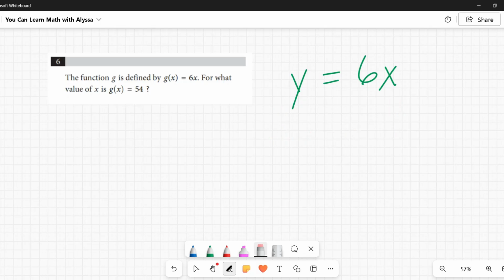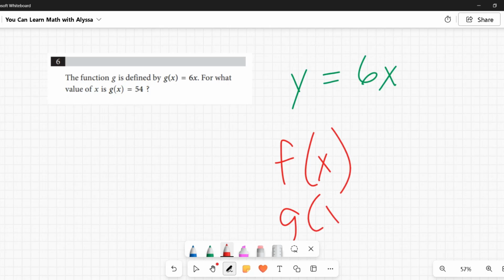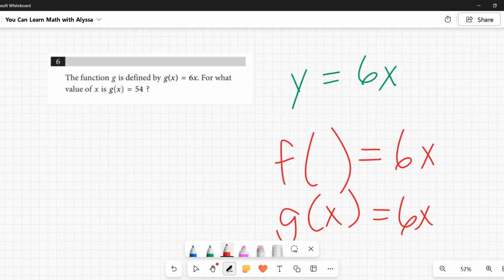When we have a function, what it's saying is, and I'm putting f of x as the most common, but here we're using g of x. It doesn't matter. It can be any letter, of x. When we say that these equal 6x, it's saying if I put a number in here, let's say I put in 2, what would be f of 2? If f of x equals 6x, what is f of 2?